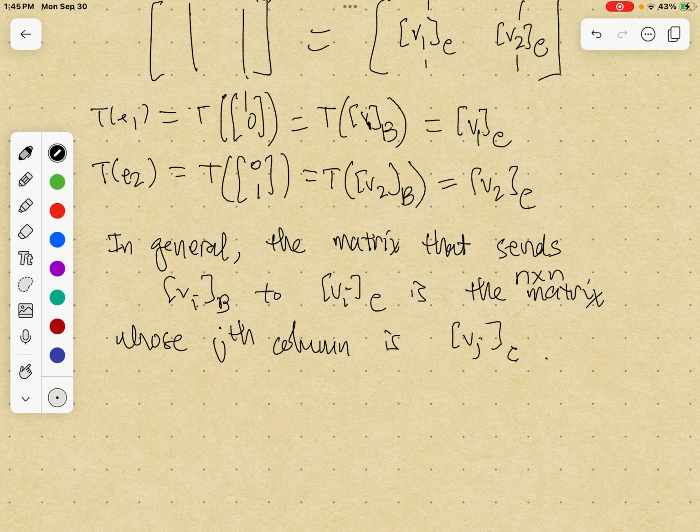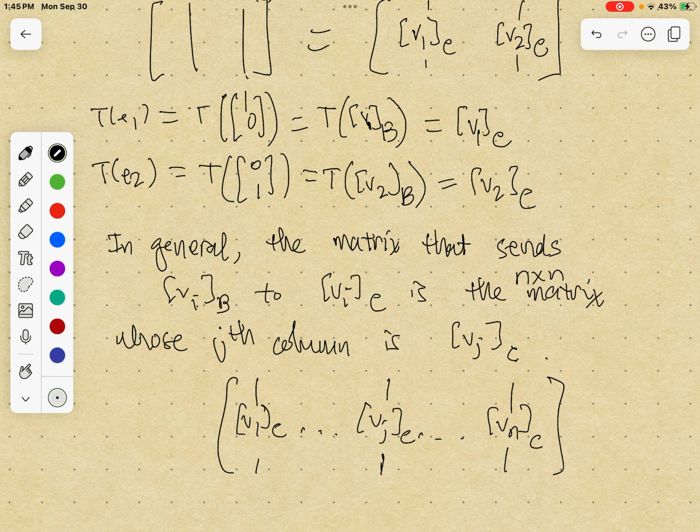So it's V1 relative to C up to, okay, the arbitrary one is Vj relative to C, and then the last one is Vn relative to C, and this is an n by n matrix. Okay?